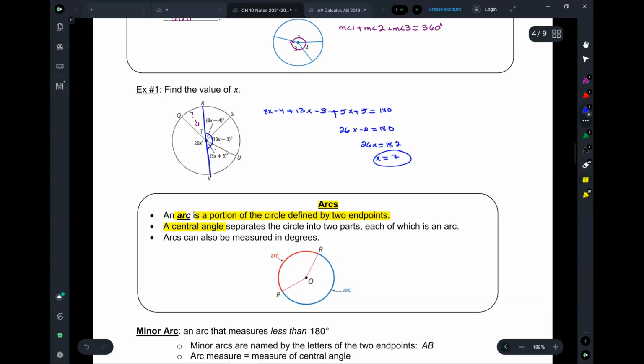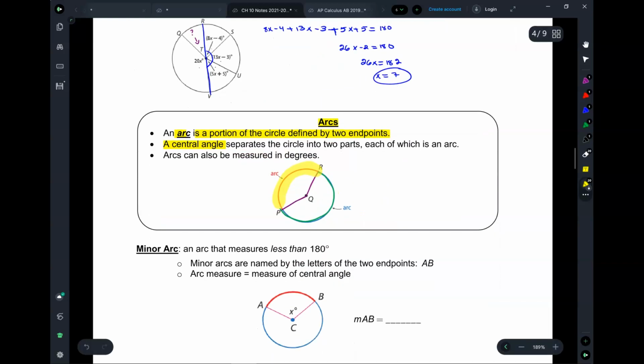For example, take a look at this central angle here, PQR. Notice it cuts the circle into 2. This is one part of the circle, that's called an arc, and this red is another part of the circle, a second arc.